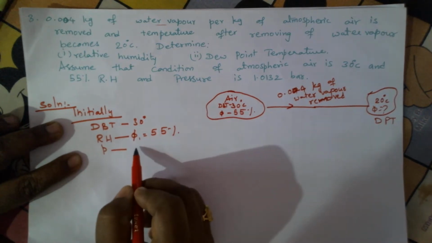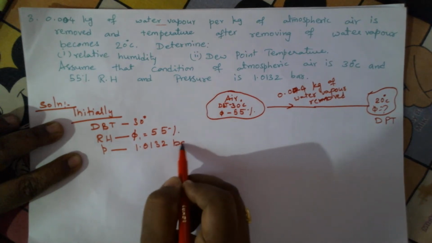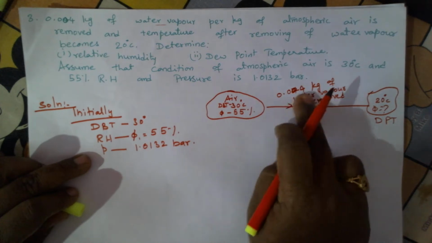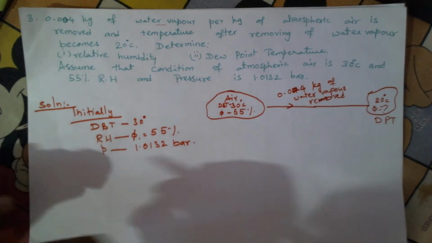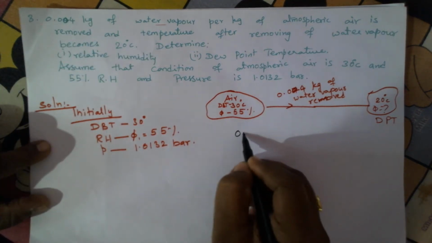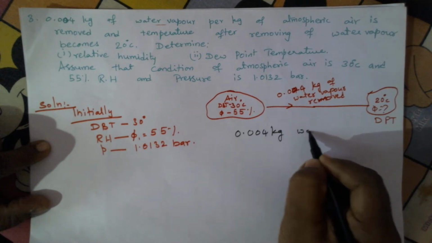Atmospheric or barometric pressure is given as 1.0132 bar, right? And 0.004 kg of water vapor is removed.